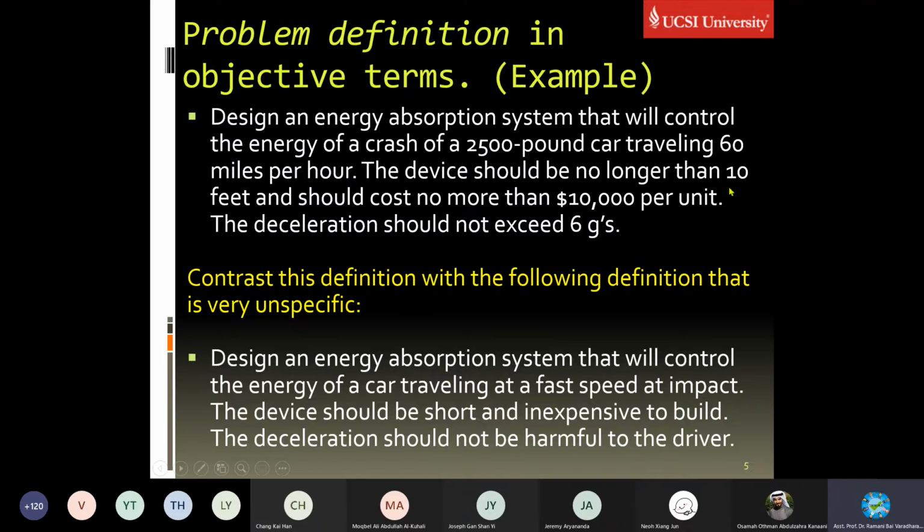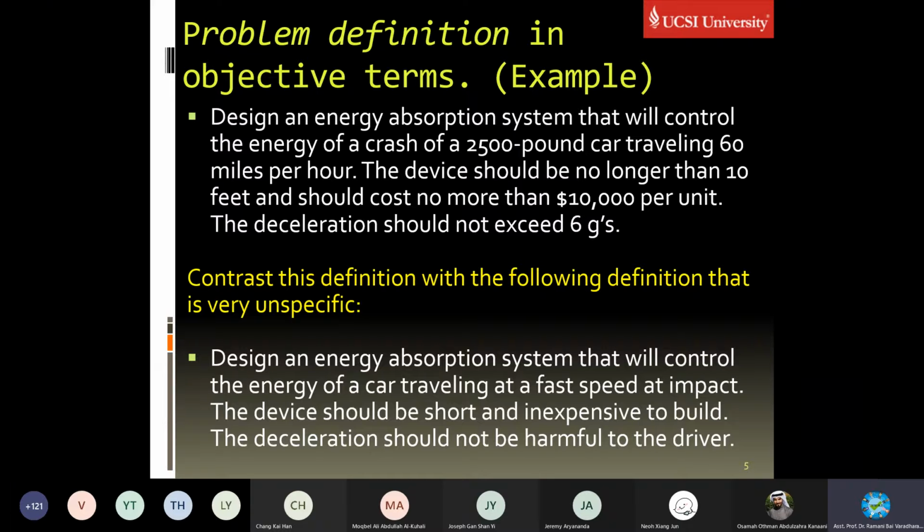In that case, they design only 10 feet, not more than that. Cost should be within a limit; you can call this another constraint, and it is quantified. Lastly, deceleration is a design constraint: 6 g only. You cannot go more than that. So all these parameters should be in your design very specifically.